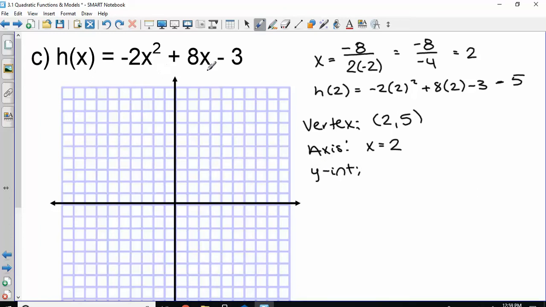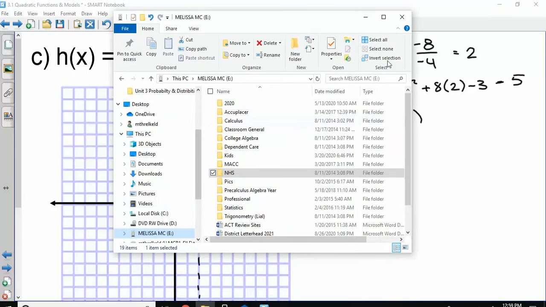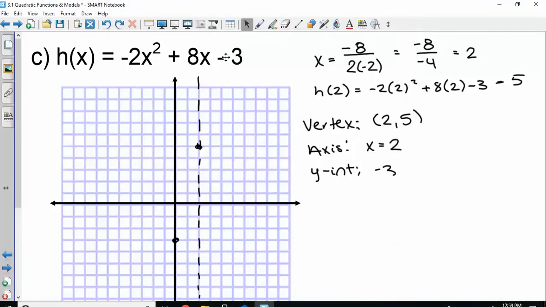Y-intercept, if you plug in a 0 for all of your x's, we get, so if we plot all of this stuff, can you tell by looking at this equation if your parabola is going to open up or down? That a decides which direction it's going to go, and we can also see that from our points.